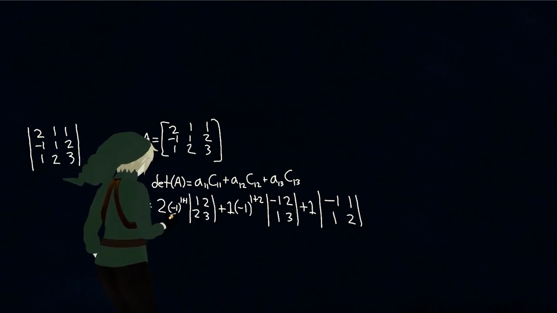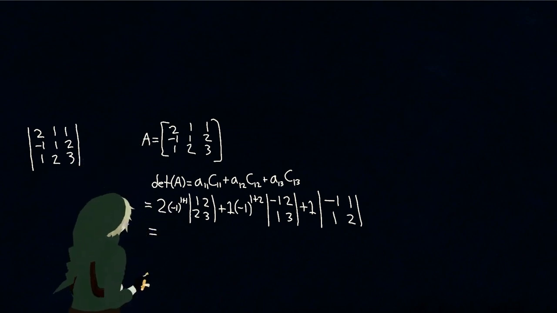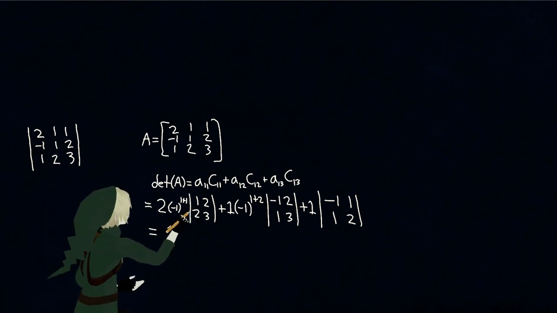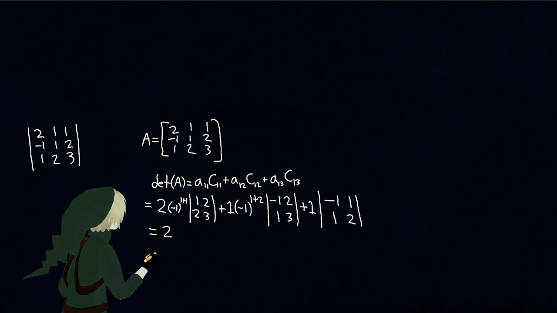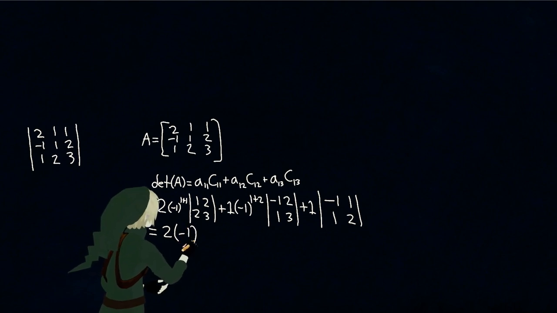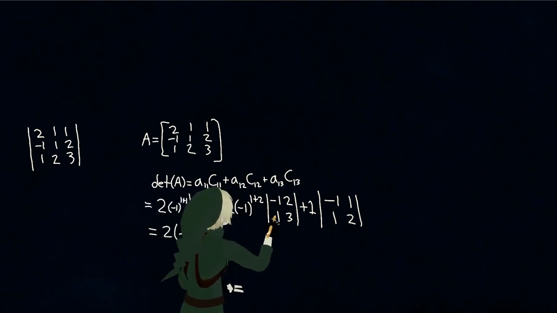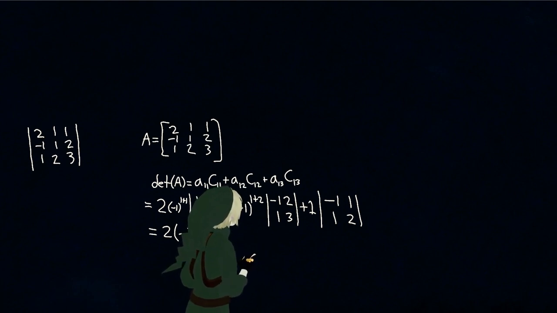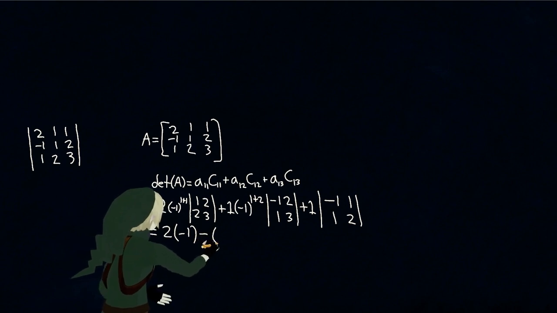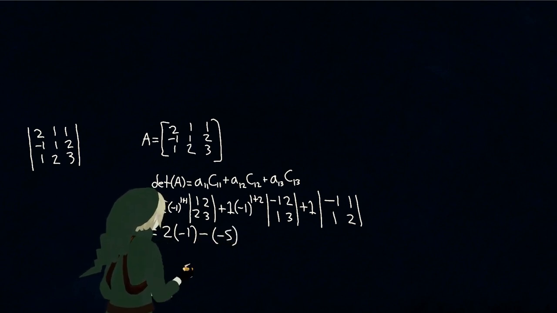So this is positive. Let me just get on my knees. Here we have 2 times AD minus BC: that's -1 times 3 minus 2, -3 minus 2, which is -5.